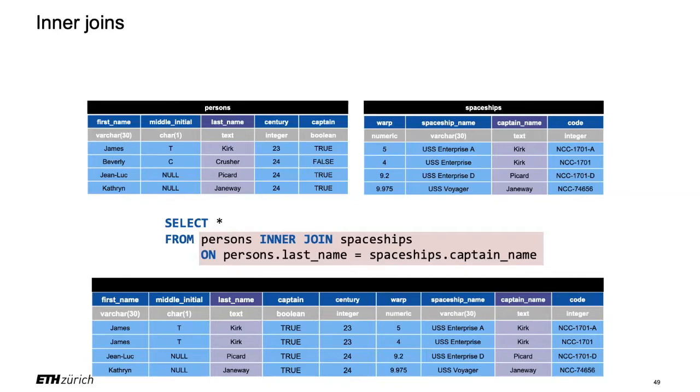So the second record on the left, Beverly Crusher, she's the doctor, the medical doctor. She's not the captain. So this is why she's not on the right. So the second tuple in persons does not match anything on the right. What does it mean concretely? In our case for the join, she doesn't appear in the output, right? If you look at the output, there is no records that would have Beverly Crusher.